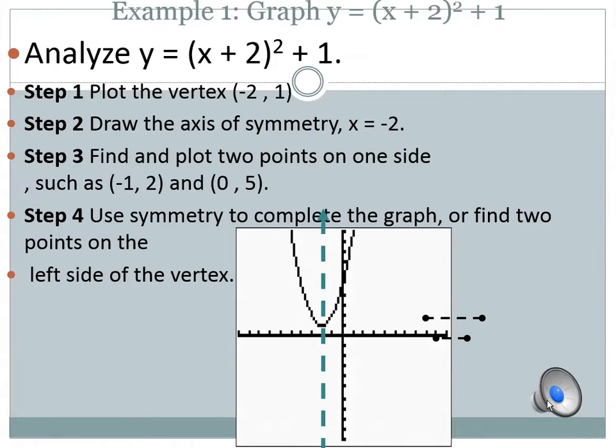I have given another problem for continuation of the task, that is y equals (x plus 2) whole squared plus 1. I will ask the students to find the vertex, the axis of symmetry, and what the properties of the graph look like. After finding the vertex, students will come to know that it is the minimum because the parabola opens upwards.